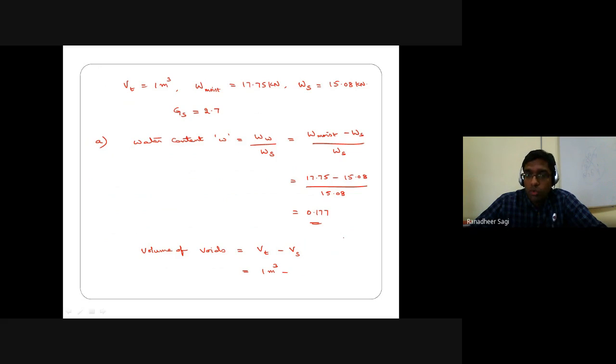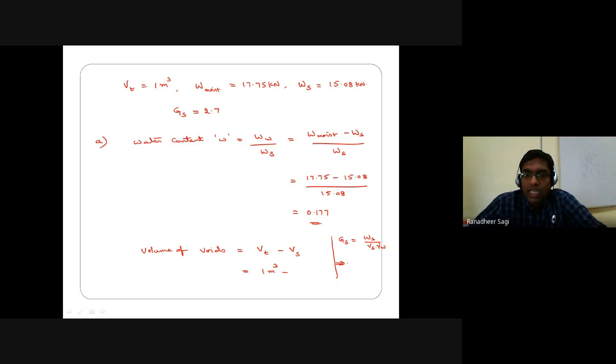If I want to know the volume of solids, I'll go to the fundamental terms we have looked at. Specific gravity of soil solids is equal to weight of solids by volume of solids, which gives the unit weight of soil solids divided by gamma W. I'm just rewriting according to my requirement. In this expression, the specific gravity of soil solids is known, the weight of solid particles in that 1 meter cube is known, and the unit weight of water is a standard value.